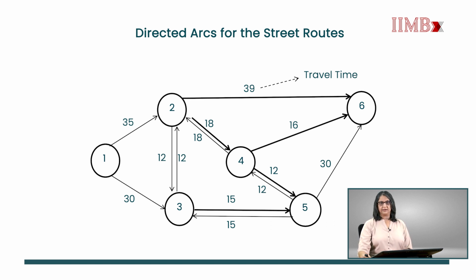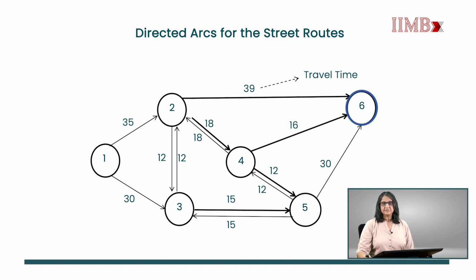two directed arcs. We did not replace the link between node 1 and 2 by two arcs simply because we are not going to come back to node 1 in our example, because we want to go from node 1 to node 6. So both the arcs from 1 to 2 and 1 to 3 have been replaced by a directed arc which goes out of node 1, but doesn't come in.